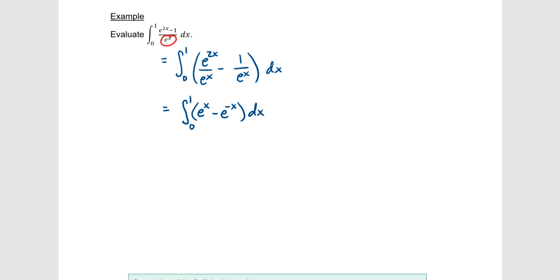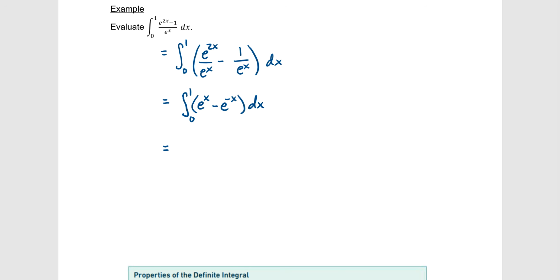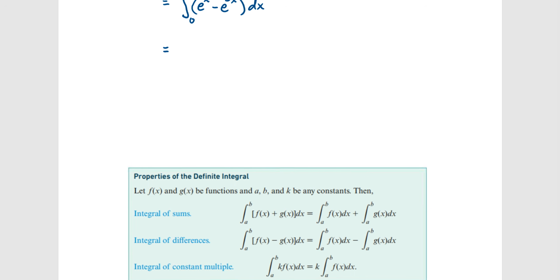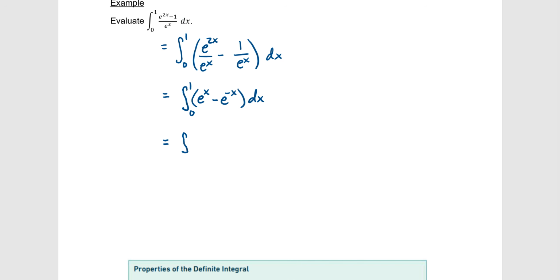And now we can go ahead and integrate these both separately. The rule is down here, which we'll come back to in a second. The reason why we can do these separately is because they're separate terms, separated by addition or subtraction.